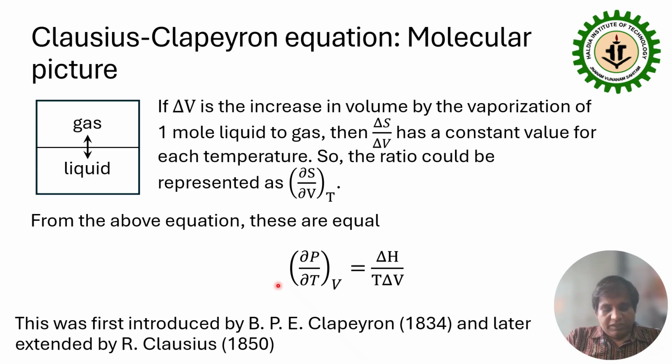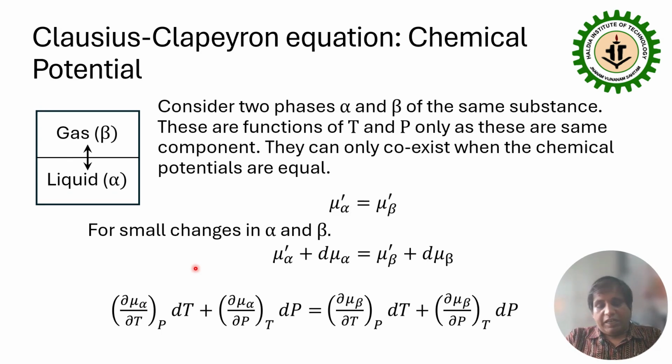Now let's see this phenomenon in terms of chemical potential. From the concept of free energy and spontaneous processes, if we have the same system, liquid and gas, in dynamical equilibrium, then the chemical potential of the liquid state should be equal to the chemical potential of the gaseous state.